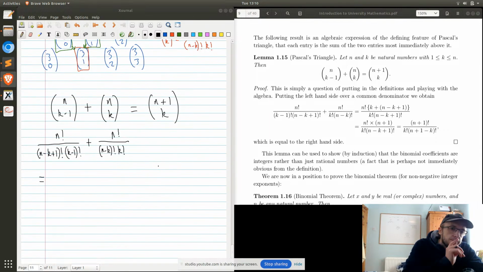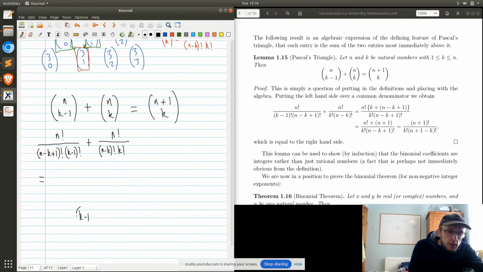Okay, so like he would have used the definitions, the definition of what factorial means.